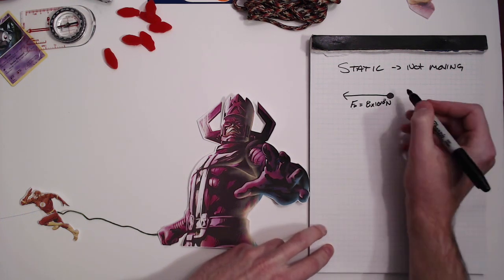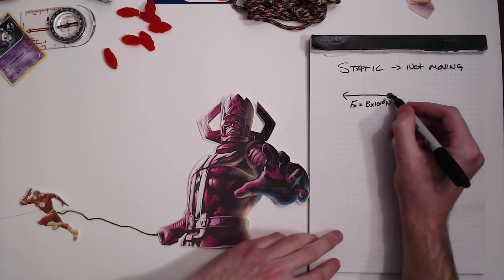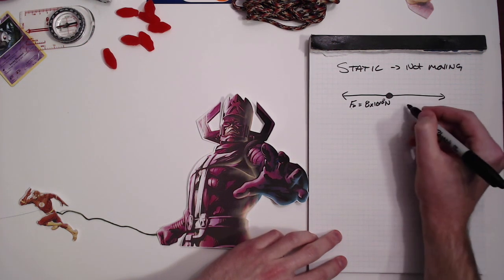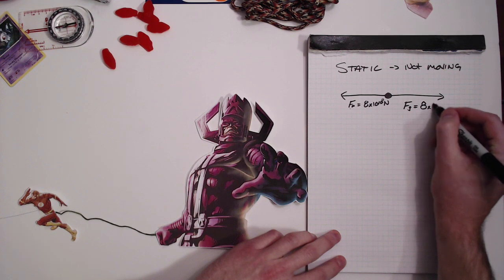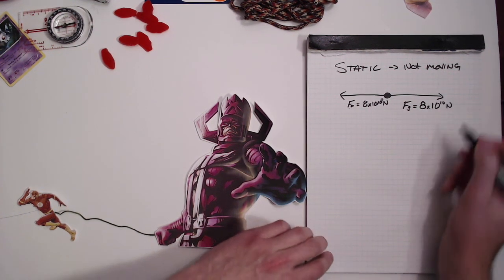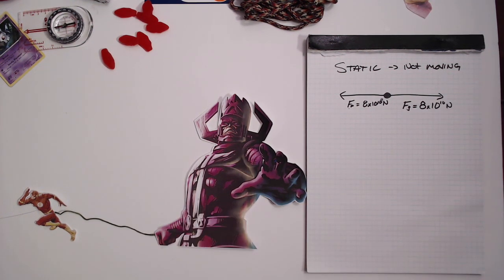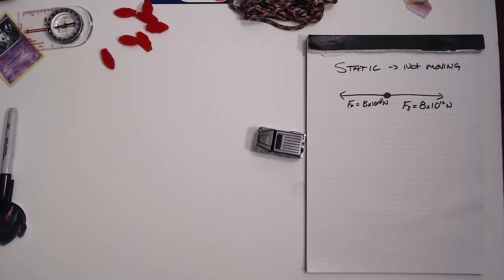And if Galactus is pulling in the opposite direction with the same force, we can call that force of Galactus is also equal to 8 times 10 to the 10th newtons. So if they're both pulling on each other with an equal force, well, what's going to happen? Physically, what is going to happen? Well, let's look at my Hot Wheels car one more time.